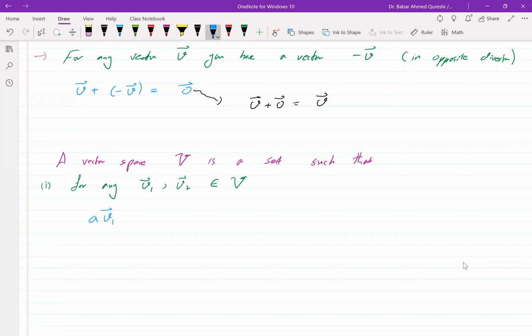So I can combinedly write it like this. That I can scale these guys. Scaling means I can multiply with numbers. There should be a multiplication with numbers defined over there. And then I can add them.